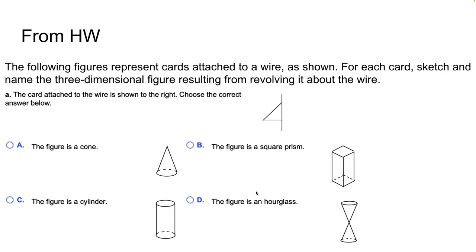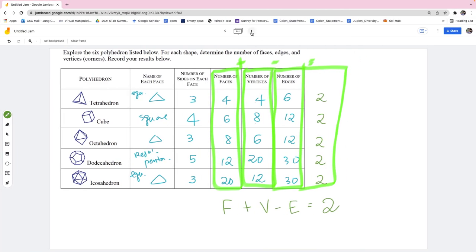The following figures represent cards attached to a wire. So you have a triangular card attached to a wire. And for this card, I am going to rotate that, right? If the card is attached to the wire and if I rotate that, how does it look? It's going to look like a cone because I can draw it here.